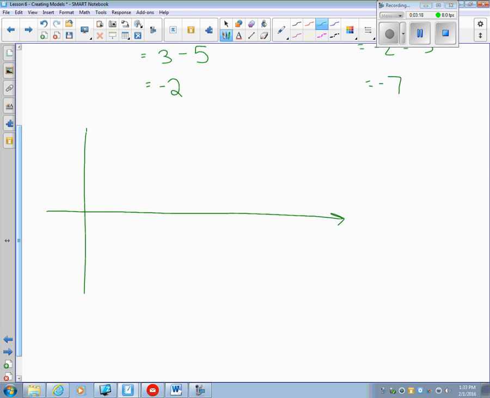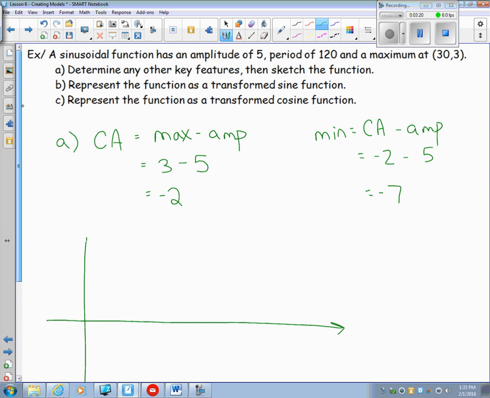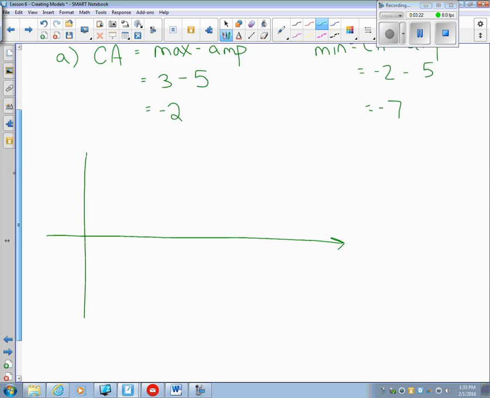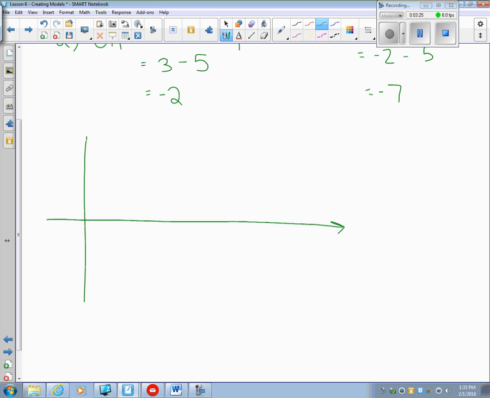Okay, what do I need? What do I got? Maximum is at (30, 3). So if I go by 30s, so 30, 60, 90, 120, 150, 180, and so on. I know we usually go by 90s, but I'm going to draw this to whatever makes my life easier to make the equation, right?